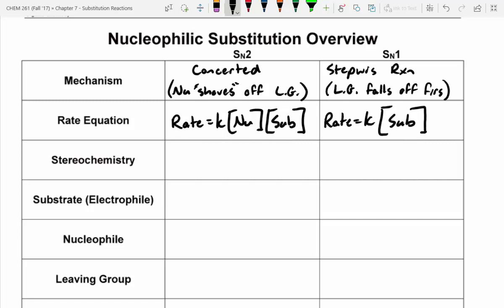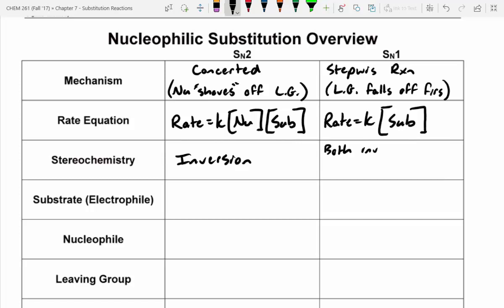All right, we just talked about stereochemistry. So for SN2, what's observed? Are we observing retention or inversion? Only inversion. So let's write that down. And we know that that's due to that transition state being more stable than the retention transition state. With SN1, what do we observe? Both, but with a slight preference.